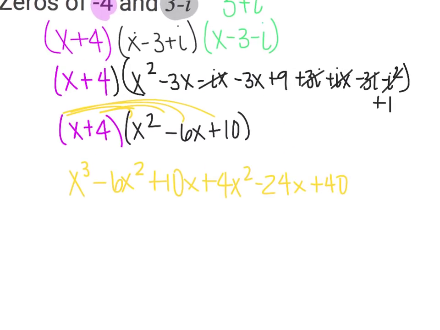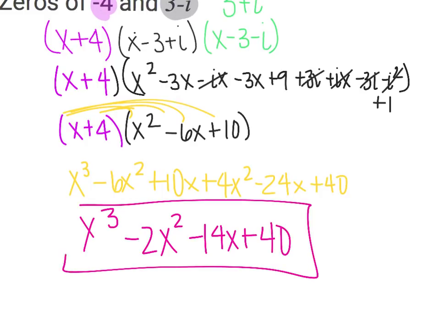Combining like terms, we end up with a nice pretty answer of x cubed minus 2x squared minus 14x plus 40. And that would be my polynomial that provides the zeros it asked for.